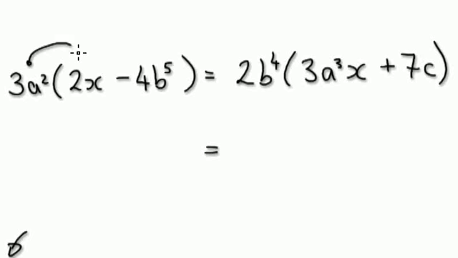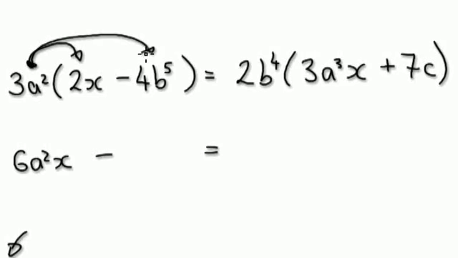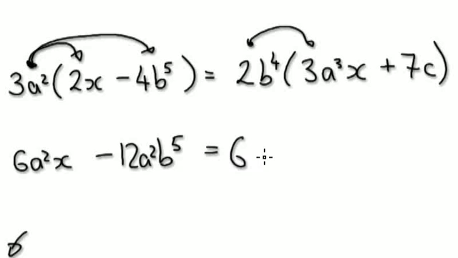Okay, so get this times this. So that would be 6a squared x. And then take away this times this would be 12a squared b to the power 5. Okay. Again, this times this, it would be 6a to the power 3 b to the power 4 x.